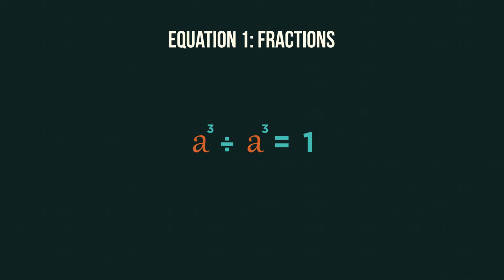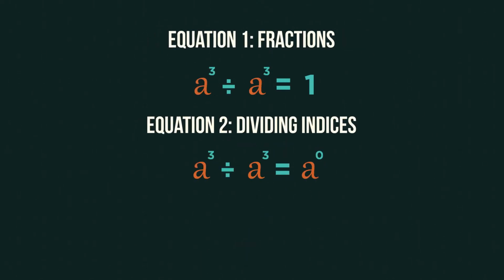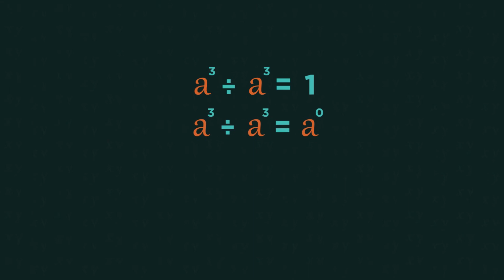That's our first equation. And then using our indices knowledge, when we divide we subtract the powers, so 3 minus 3 is 0, and that's our second equation. We've done the same calculation in 2 different ways. Therefore, the 2 answers must equal one another. So combining these 2 things, anything to the power of 0 equals 1.